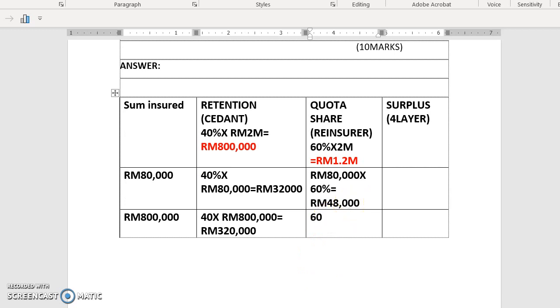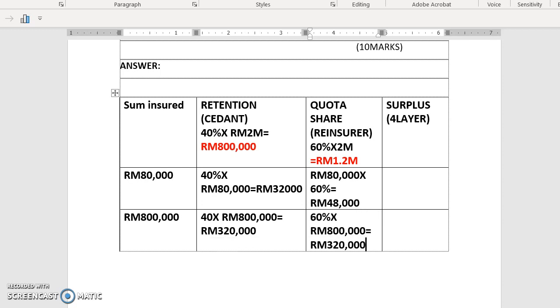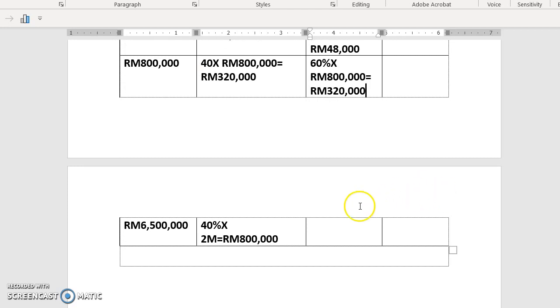The same goes for the next sum insured. The amount paid by the reinsurer is also 60%, so you have to times 60% with 800,000, and the amount will be 320,000. Lastly, for the sum insured of 6.5 million, the maximum limit is only 2 million.